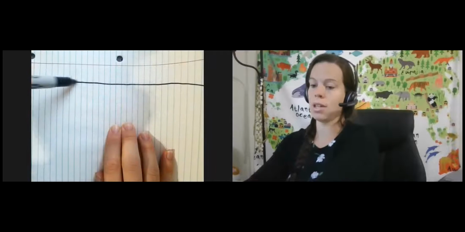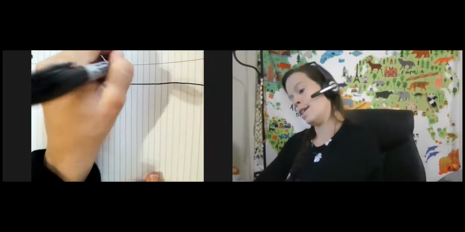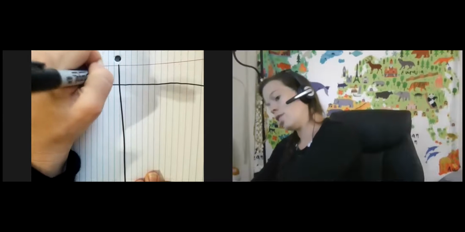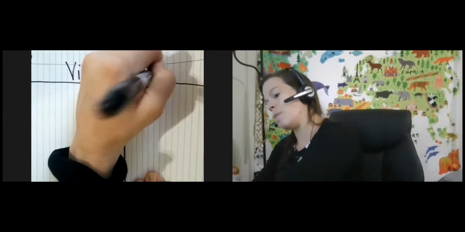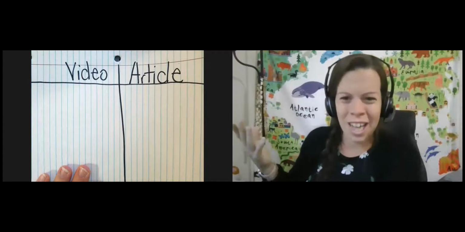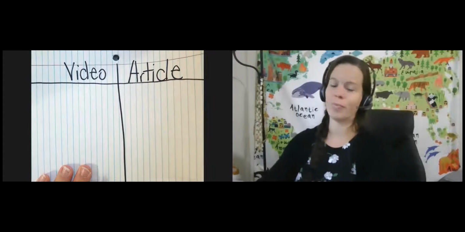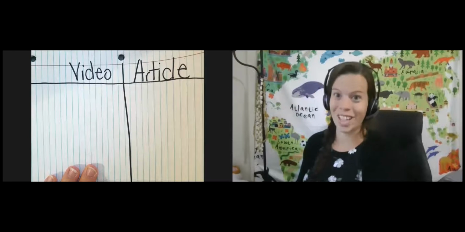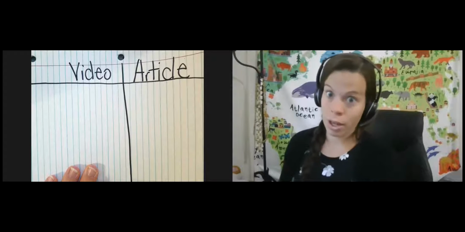So draw your line across, draw your line down the middle, because this side is for the video, this side is from the article. That way we keep our sources organized and we're not mixing up where did I learn that information? Normally we actually have 3 sources. There's this other book that I really love to use, but it just wasn't going to work this way.